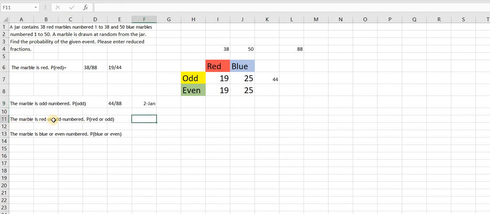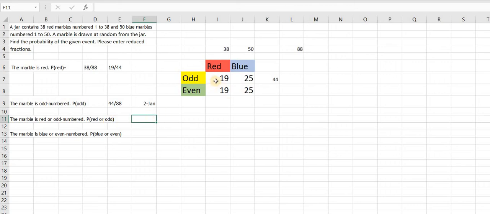Now the probability of selecting a marble that is red or odd. We need to count all of the red marbles and all of the odd marbles that are not red. Remember that an OR event means a combination of the two events without repetition. Make sure that you're not adding the totals of the reds and the odds. That is not going to work.